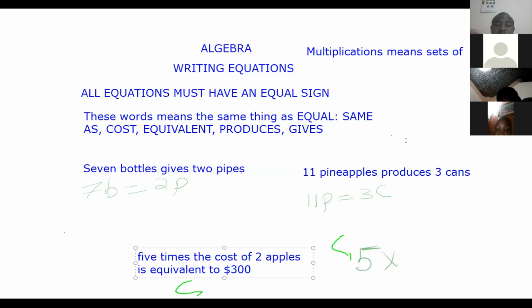So it says 5 times the cost of 2 apples is equivalent to $300. Read it carefully. That one can be a little bit technical. So say to yourself, 5 times what?